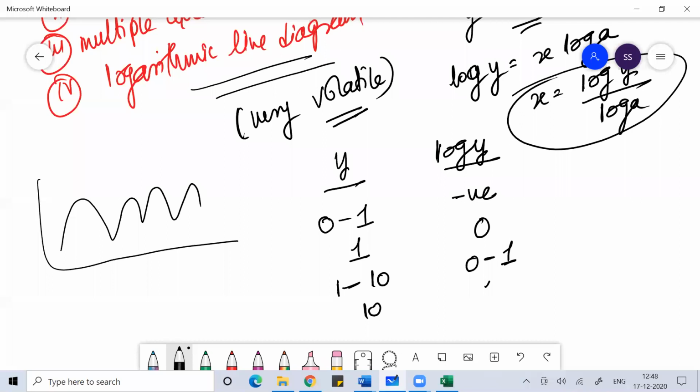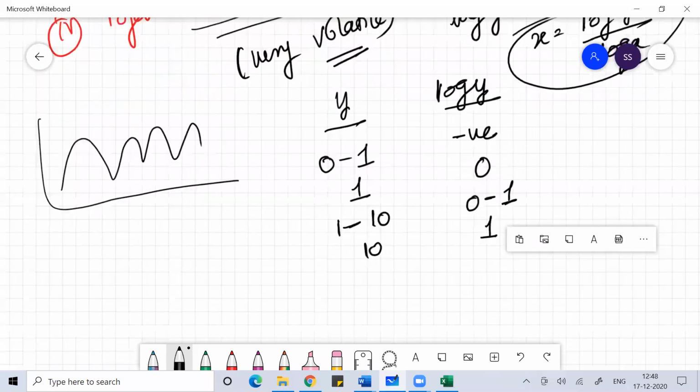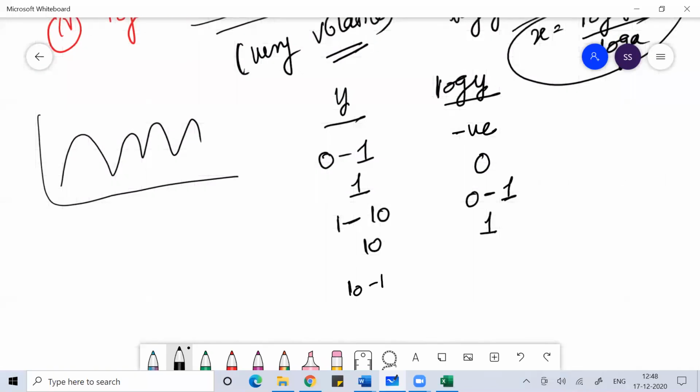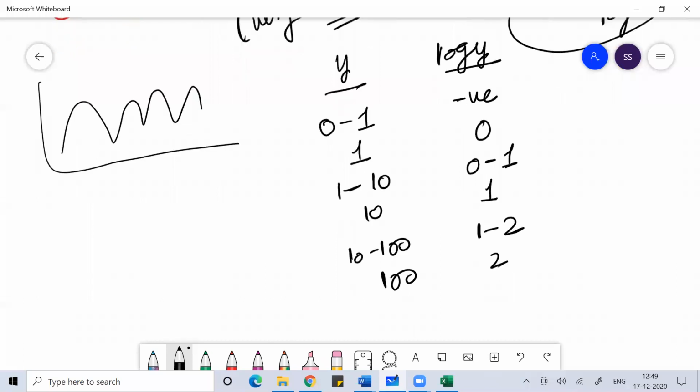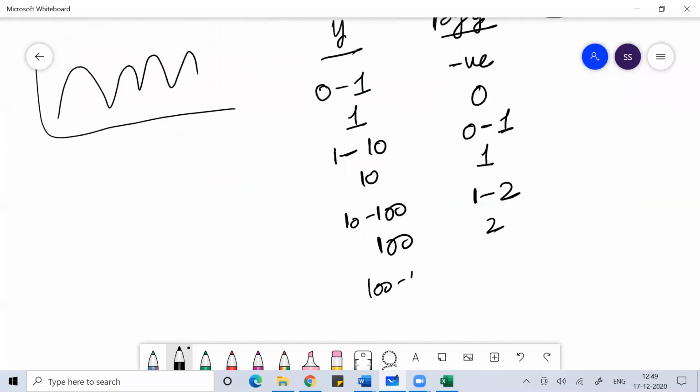Log 10 is equal to 1. Any value between 10 and 100 gives a log value between 1 and 2. Log 100 is 2. Between 100 and 1000, the log goes from 2 to 3. So imagine something changing from 100 to 1000, but in log the value only changes from 2 to 3.